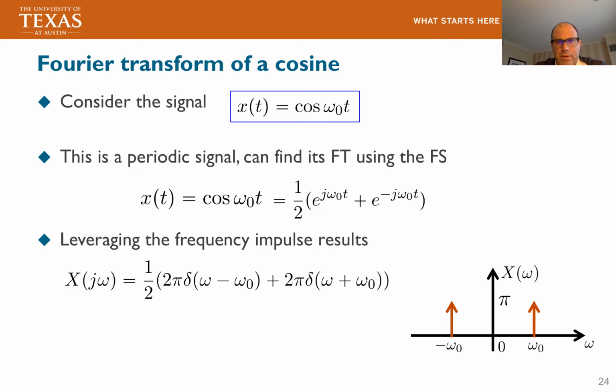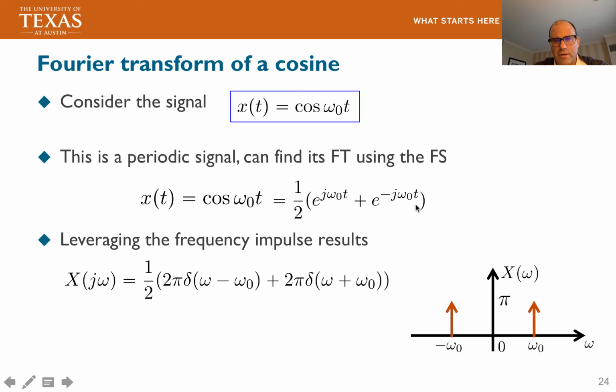Let's look at another example here, cosine. So this is a periodic signal, so we can find its Fourier transform using the Fourier series. We decompose it, using Euler's identity, into complex sinusoids: 1/2 e to the j omega t plus e to the minus j omega t.